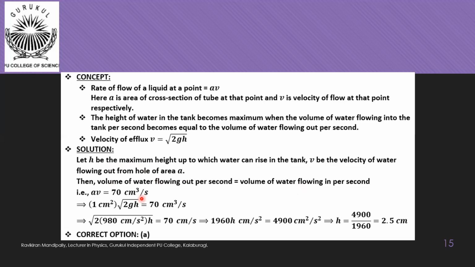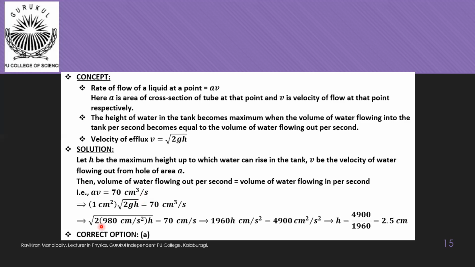And A is the area of the hole, which is given as 1 centimeter square, and V is velocity of efflux, that is root 2gh. So 1 centimeter square into root 2gh is equal to 70 centimeter cube per second. Now all these values are in CGS system, so this g can be written as 980 centimeter per second square, and this 1 centimeter square is cancelled on either sides.